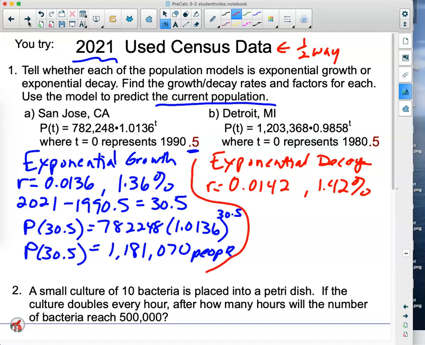Then, similar situation for Detroit, except their population is going down. So I'd have to take 2021 minus 1980.5 to figure out how many years have passed, and that's 40.5. And then put that into the model.